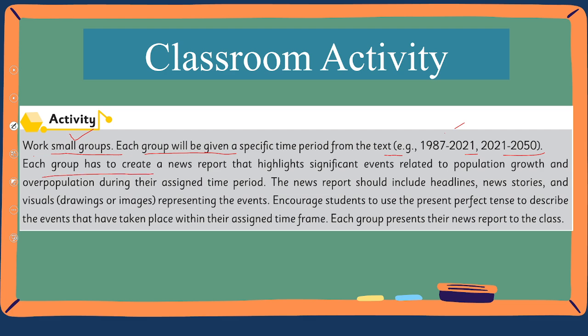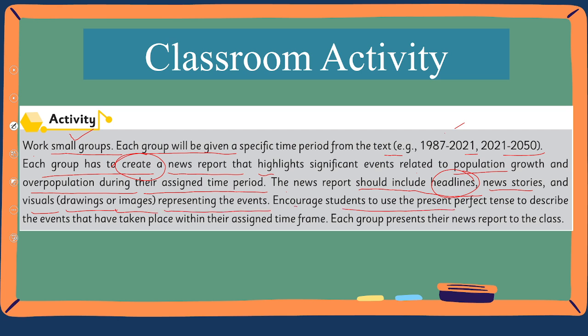Now each group has to create a news report that highlights significant events related to population growth and overpopulation during their assigned time period. The report should include headlines, news stories, and visuals. You can add drawings or pictures or images representing the events.